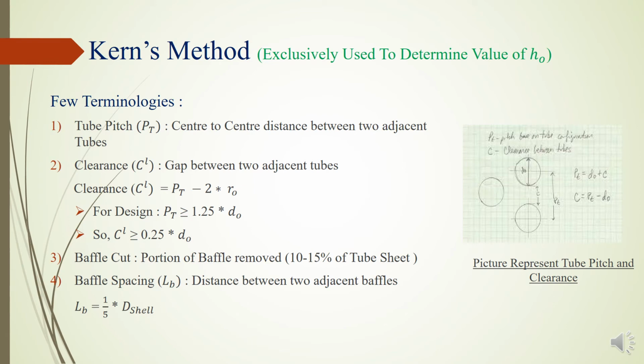In the same way, clearance should be greater than or equal to 0.25 times D naught. Baffle cut: the portion of the baffle is removed for the pass of the process flow stream of the shell side, and baffle spacing is the distance between two adjacent baffles. Generally for designing, the baffle spacing is 0.2 times the diameter of the shell.